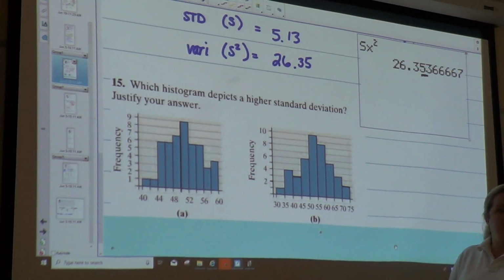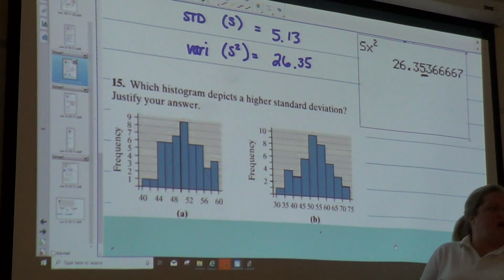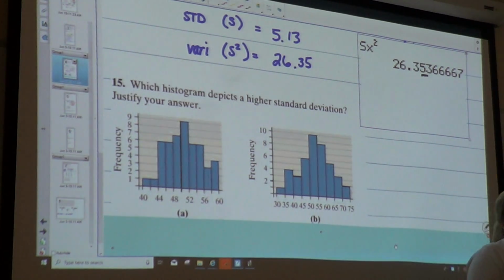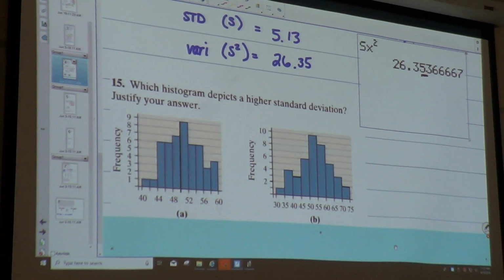A. A. Tell me why A versus why B. A is flatter, okay? So the standard deviation would have to be larger in order to encompass the same area of the graph. Good thought process.